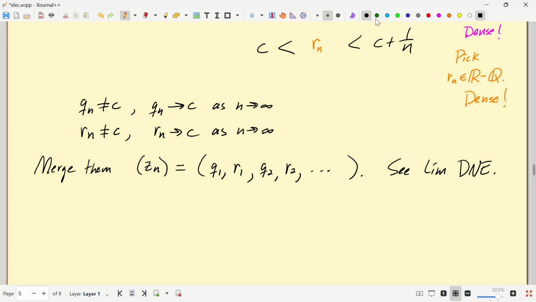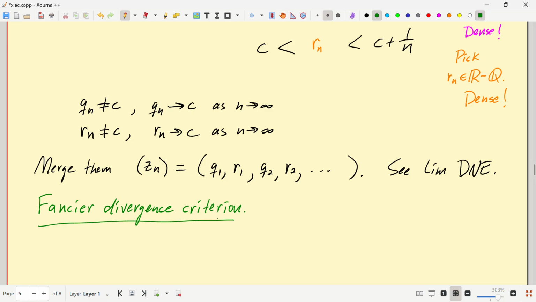Okay, so here's a fancier divergence criterion.